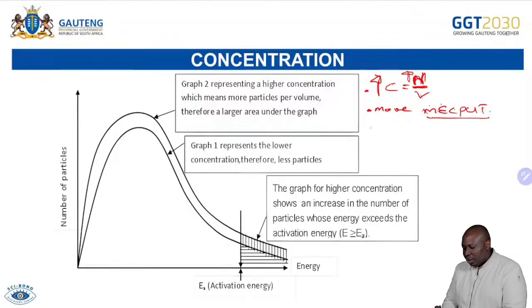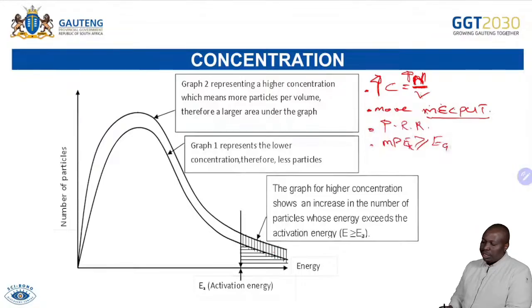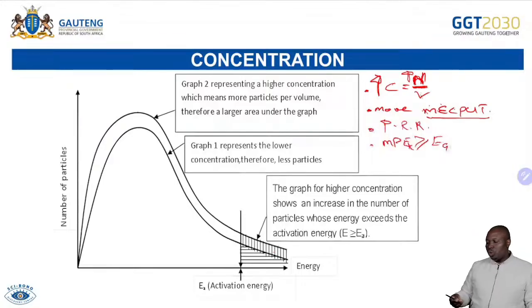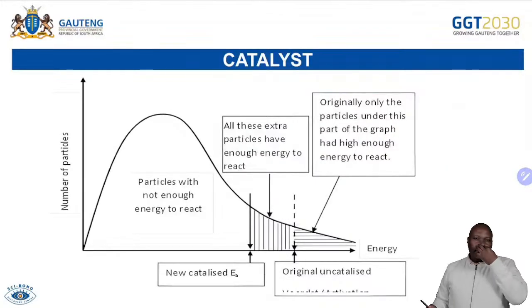Bullet number 3, we're going to have an increase in the rate of reaction. And then you can see here, we still have more particles with kinetic energy greater than or equal to activation energy. So you can follow that order, and the conclusion is always that it will increase the rate of reaction. But when we add a catalyst, remember what a catalyst does?